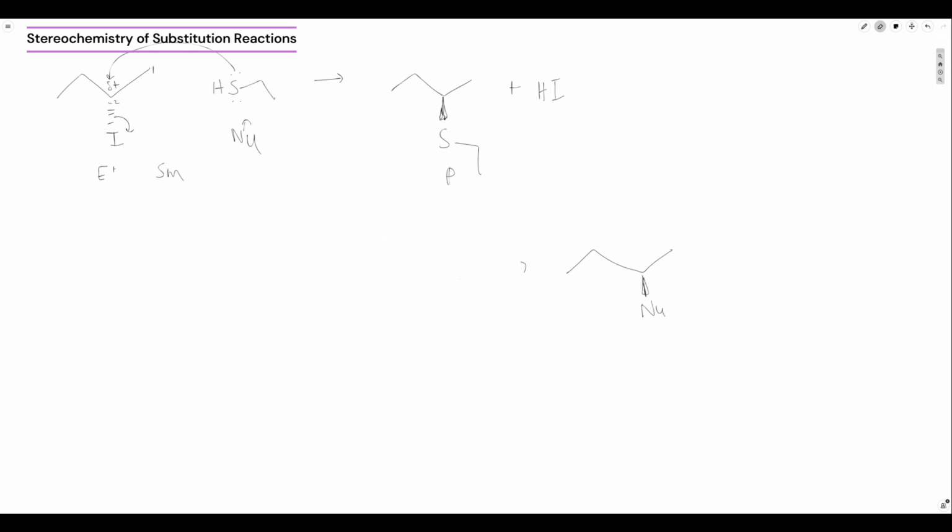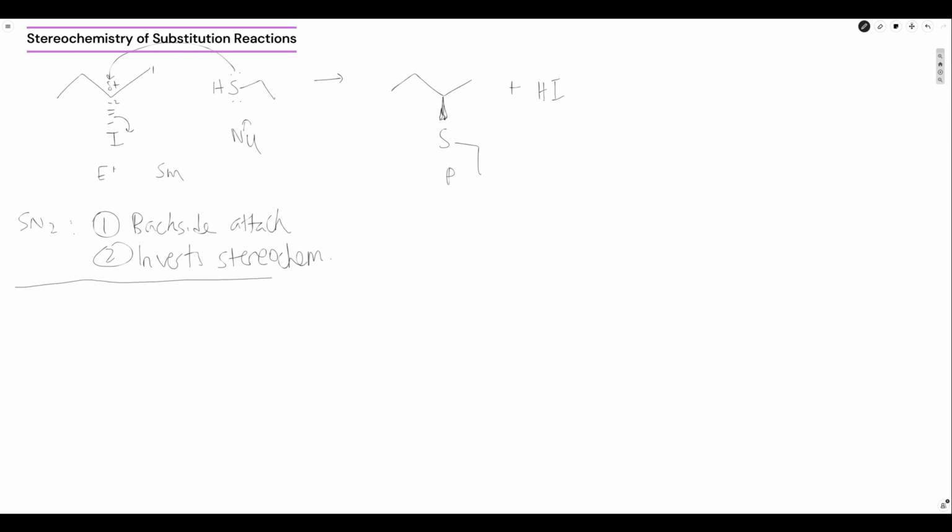The first is that you get a backside attack, and the second is that it inverts stereochemistry. Okay, so the SN2 always proceeds with inversion.